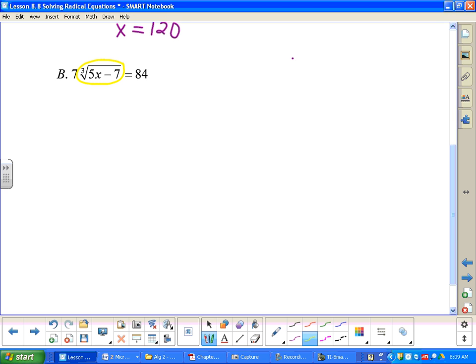Here's our radical, the cube root of 5x minus 7. Well, what else do I have on that side? I have a 7 there, and that 7 is being multiplied by it. So my first step here is going to be to divide by 7. So we're left with just the cube root of 5x minus 7 on the left and 12 on the right-hand side.